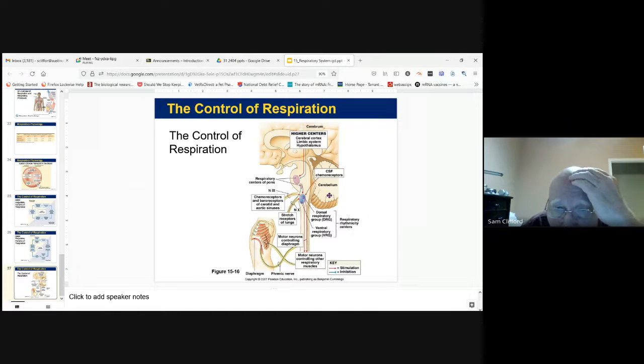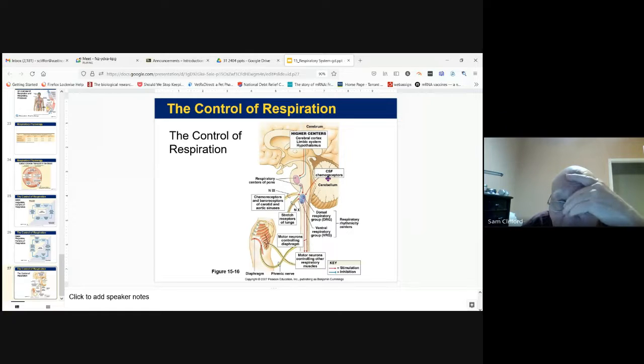So I said here we have the various higher centers in the cerebral cortex, but we have these respiratory centers in the pons and in the medulla oblongata, and the nervous output is allowing monitoring of the amount of CO2 and oxygen in the blood, the pressure of the various gases.